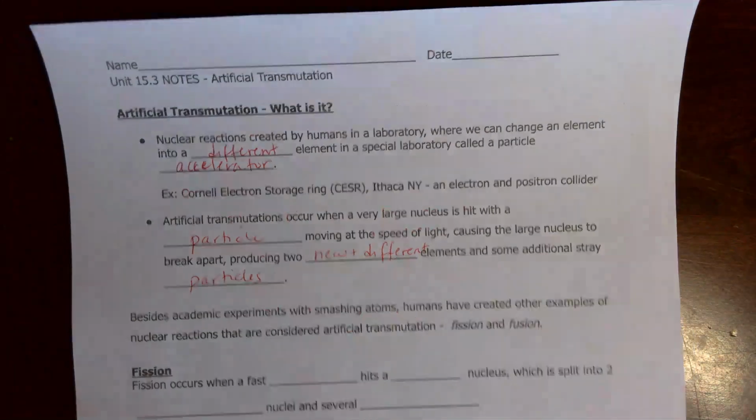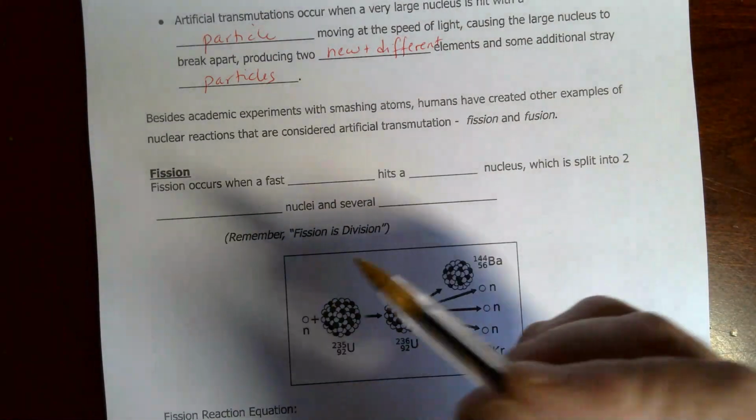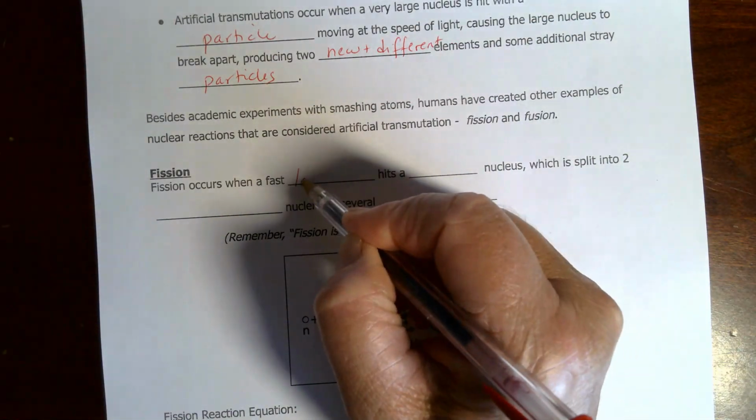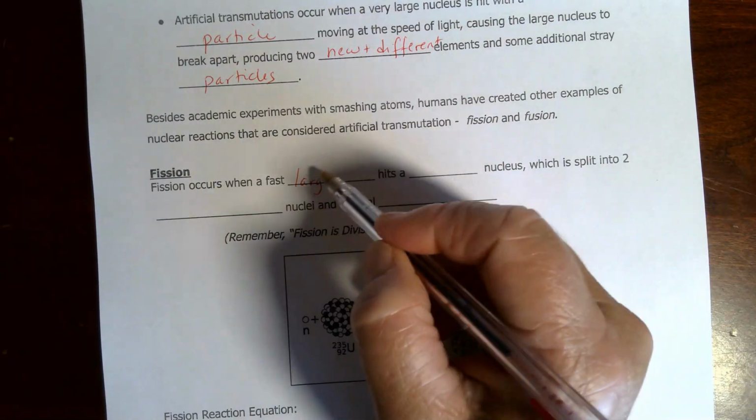Besides academic experiments with smashing atoms, humans have created other examples of nuclear reactions that are considered artificial transmutation. For example, fission and fusion.